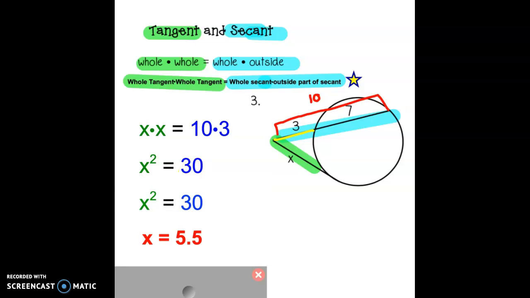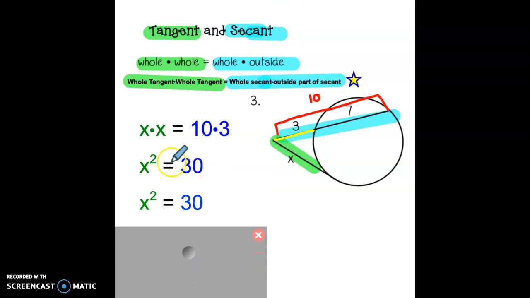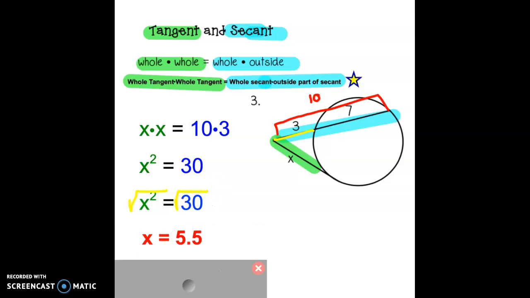And I hope you said take the square root, because what we need to do now is take the square root of both sides, because that's how we undo that x squared. And then when we take the square root of both sides, we get x equals about 5.5.